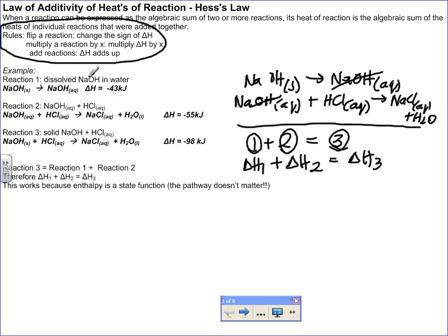So for example, the 43 kilojoules released occurs when 1 mole of sodium hydroxide is dissolved. If we had 2 moles of sodium hydroxide dissolving, then the amount of energy that we released would be double, because whatever we do to the equation, the same is going to apply to the delta H value.